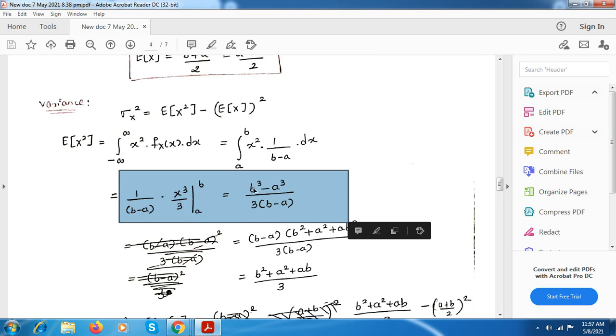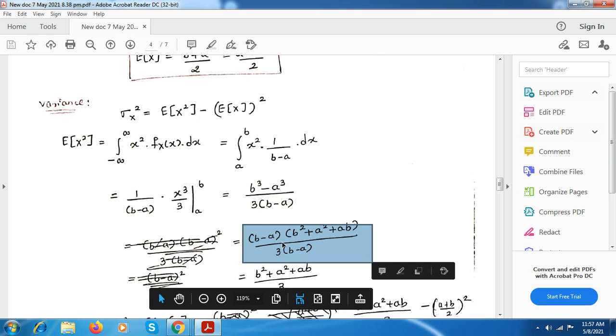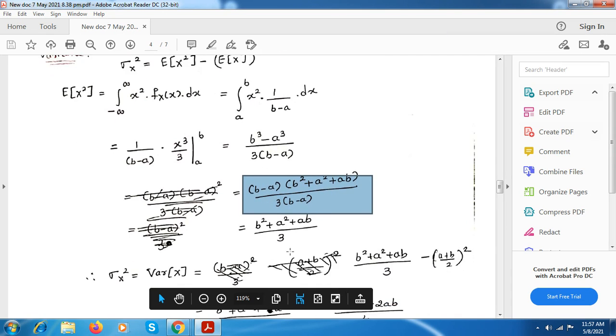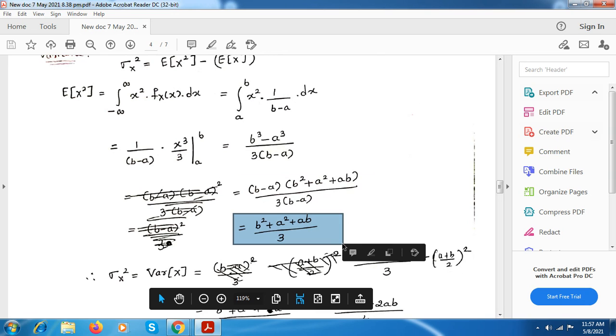And here you can write this b cube minus a cube as b minus a into b square plus a square plus ab divided by 3 into b minus a. And this term gets cancelled, that is b minus a. And here e of x square is b square plus a square plus ab divided by 3.